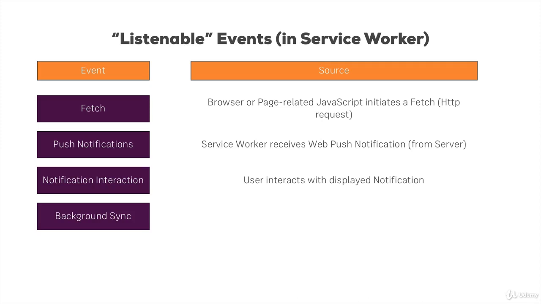Some browsers, mainly Chrome right now, but support is getting better as for all these features you learn in the course, allow you to use background synchronization, which means you store a certain action if it can't be executed right now, and you execute it once internet connection was re-established. Now, to know when this is the case, the browser, which supports background synchronization, will emit a certain event to which you can listen in the service worker.